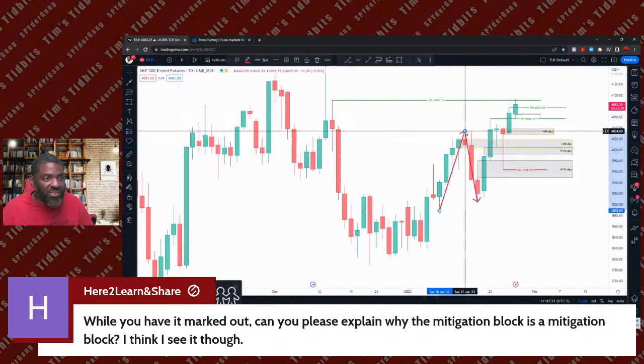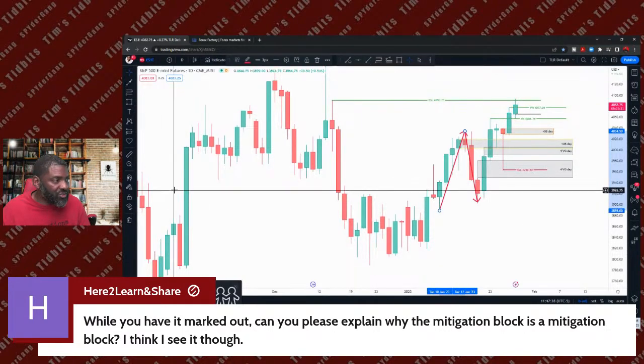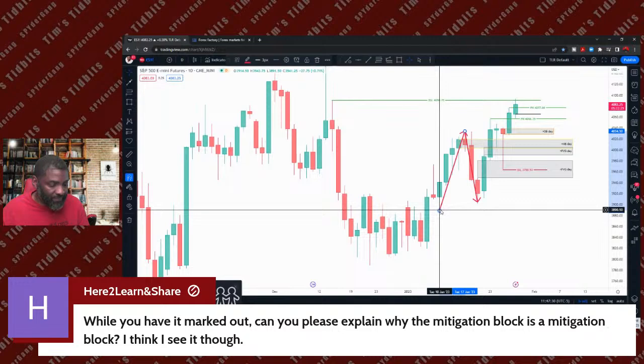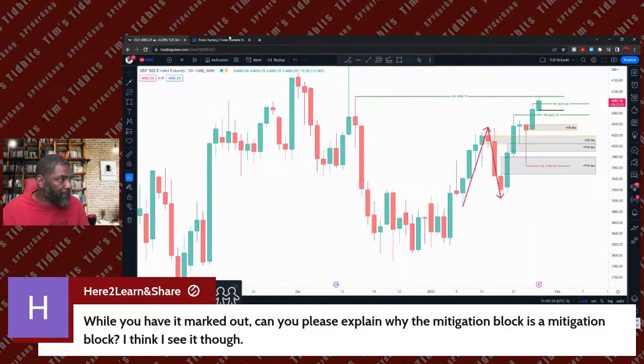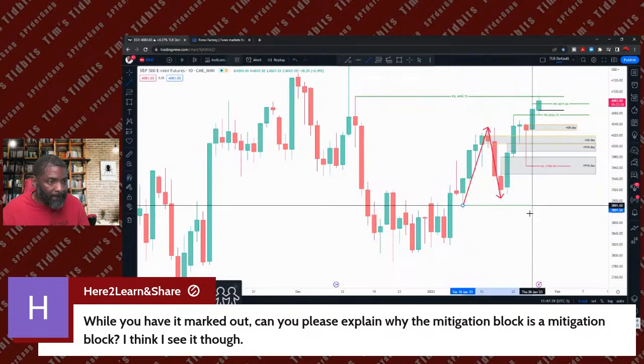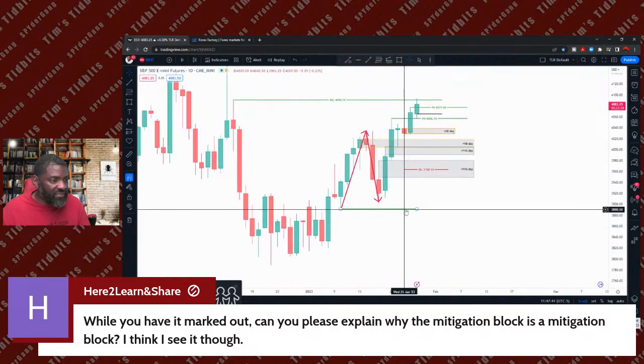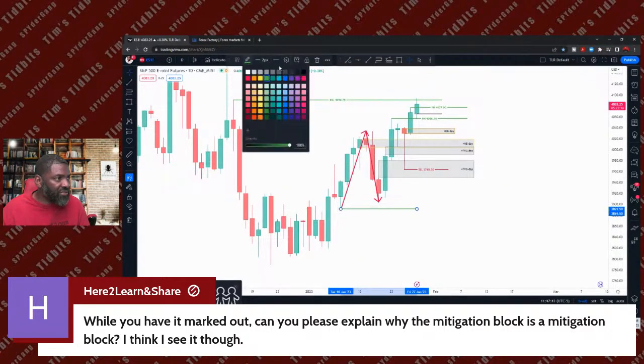That low to that high, came back down, and we failed to get a break in market structure right there.